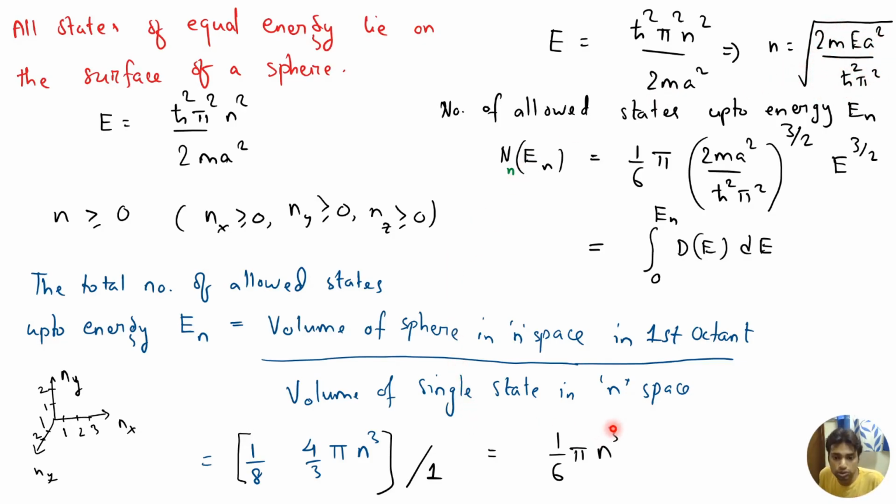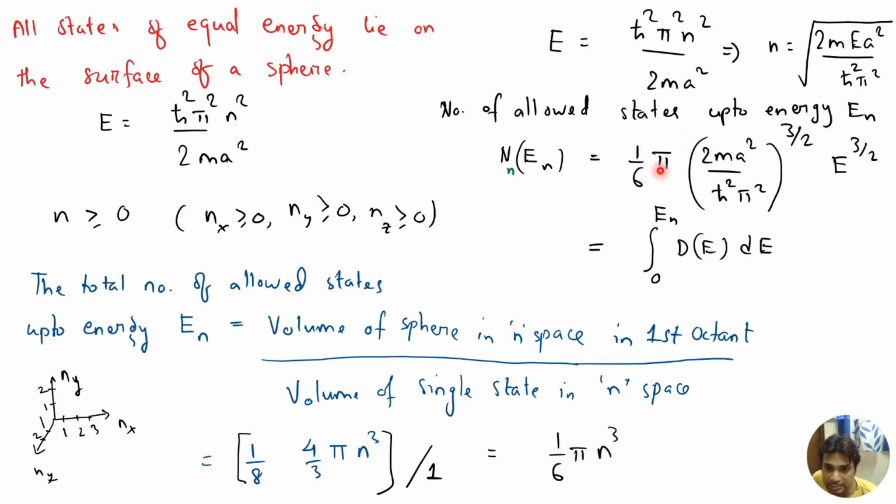Now, this is the number of allowed states up to the energy En, where n corresponds to the upper limit of that energy. So we are replacing this n by the function which gives n in terms of E. The number of allowed states up to energy En is 1 by 6 pi n cube.